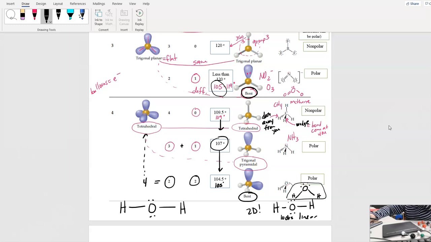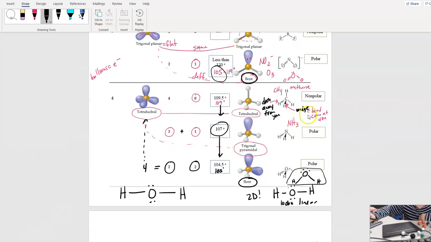Okay. All right, so those are the different structures of when you have molecules that are meeting the octet. So first, look at the central atom, what bonding and non-bonding regions they have around it. And if you have lone pairs, it is going to change the molecular geometry name.